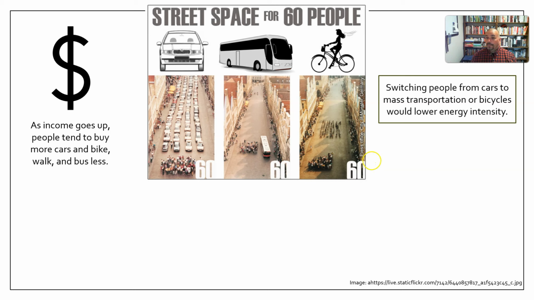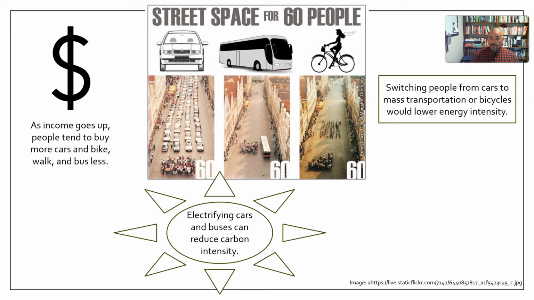If we're able to do it by bus or by bicycle, then we're going to do it much more efficiently. We're going to do it with a lot less power overall, a lot less gas, or other things that we need to move us around. So switching transportation modes can help us lower energy intensity, and this is why there's a lot of focus on things like bike lanes and better bus systems as a global warming solution.